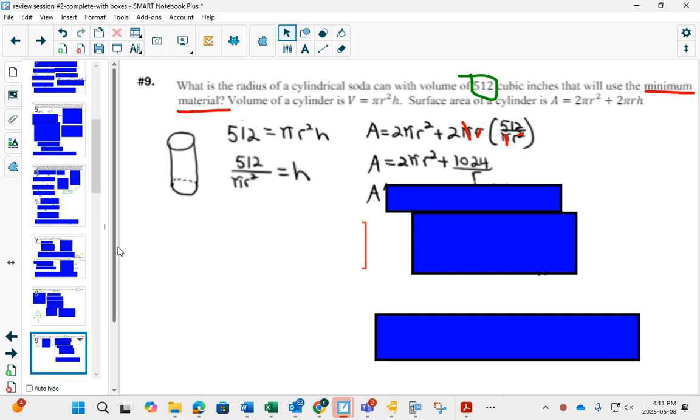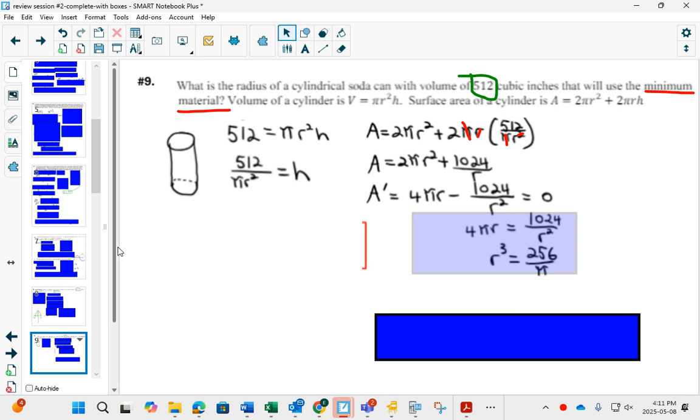And if it's just in terms of r, we can take the derivative and set that derivative equal to 0, and then solve.